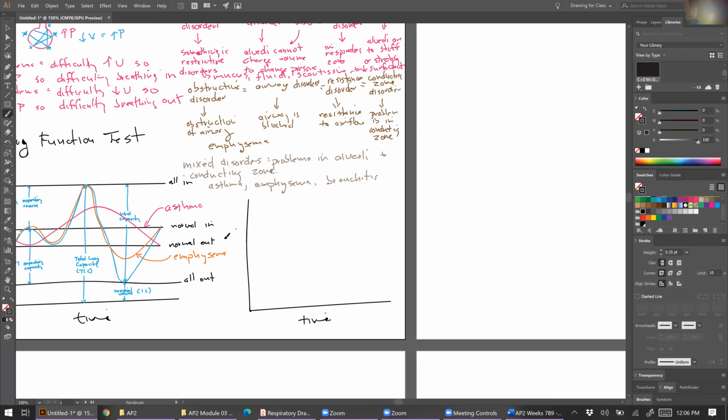And this is going to be airflow. And that again will be in liters. So what you're going to do, and I'm just going to dash it, is we're going to take this part of the curve and we're going to flip it on its side, sort of. So the curve is going to look like this.